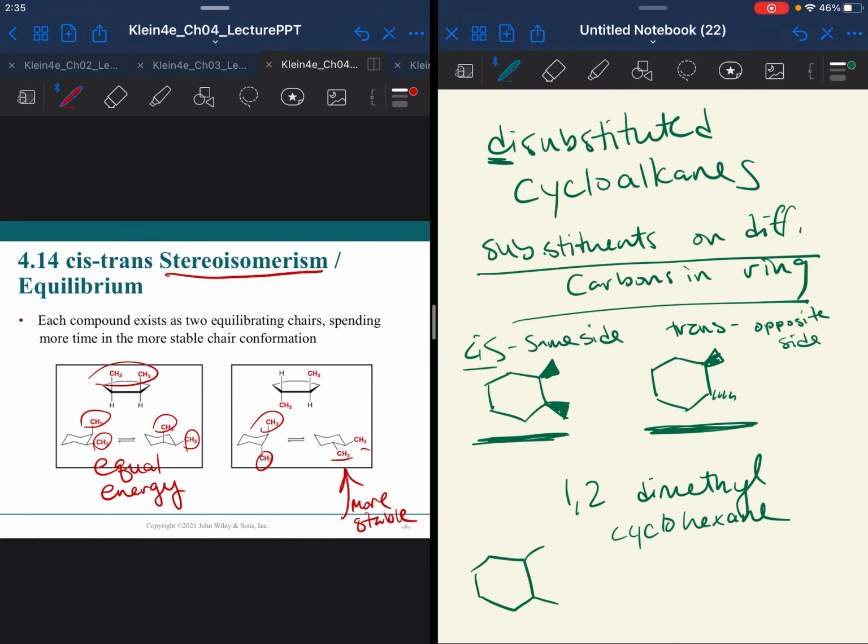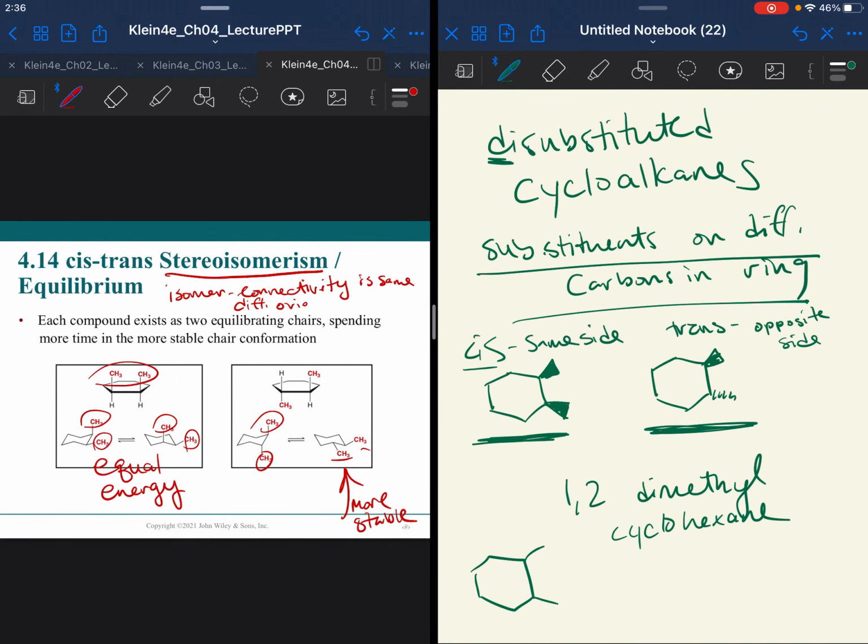Something just to note, this word stereoisomerism, that is what all of chapter 5 is about. It is an isomer where the connectivity is the same, right? Those methyl groups, connectivity is the same. Those methyl groups are still connected to carbon 1 and 2 in the ring. There's no change in connectivity.